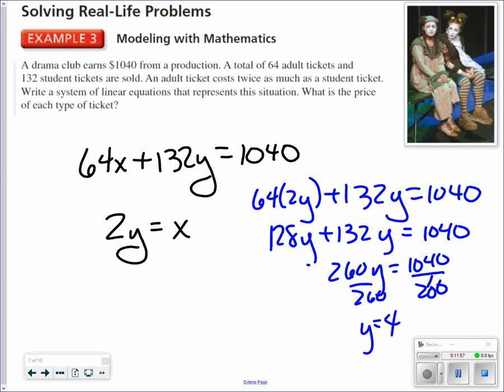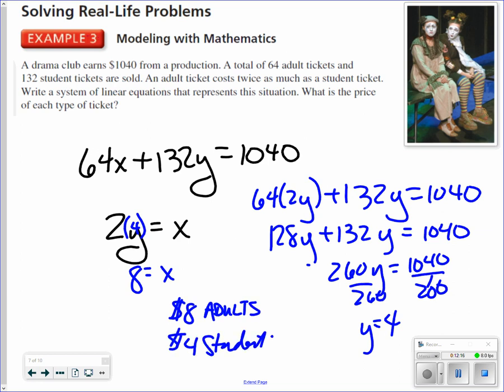So now if I go back, this is just the y answer. If I go back and instead of the y, I put a 4, then x is 8. And so what does that mean? The price of the adult tickets is $8 for adults, and $4 for students.